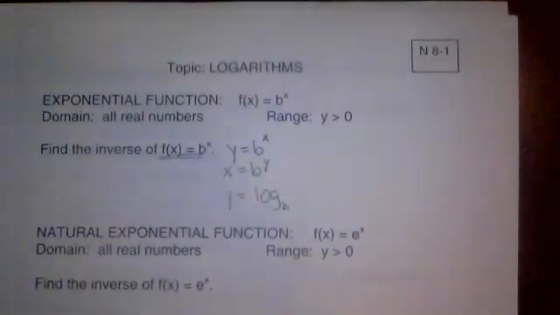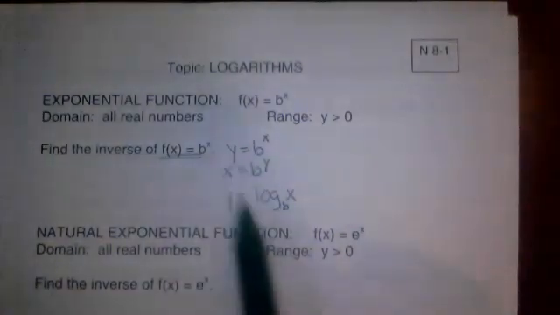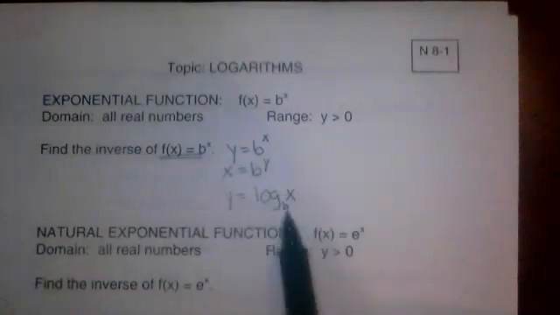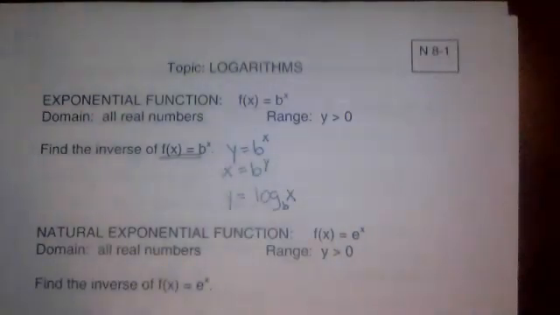Log base b of x. And that's just how we rewrite it. So the y goes by itself, the b and the x on the other side. The b is the base of your logarithm, and then x is the value inside the logarithm. So we're just going to practice rearranging some of these today using that form.